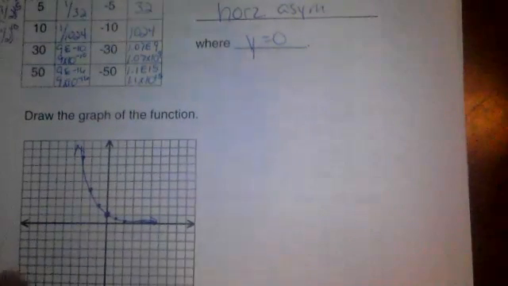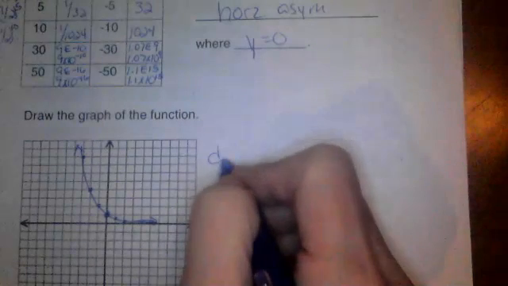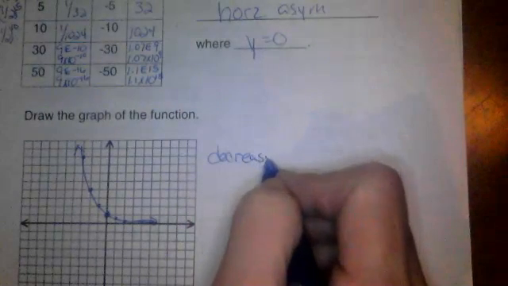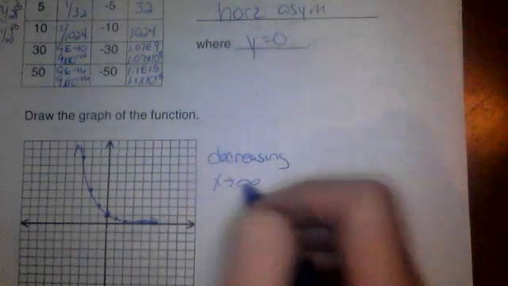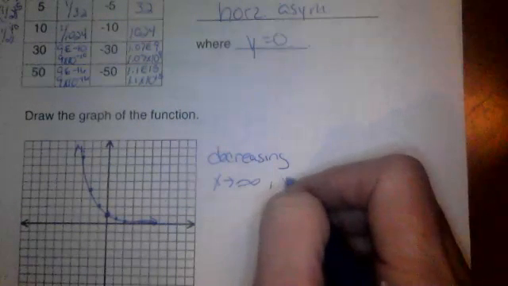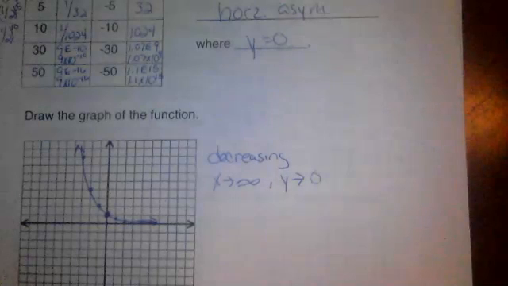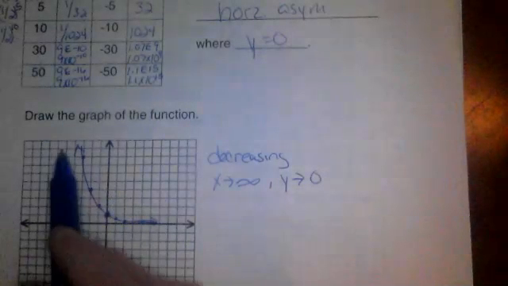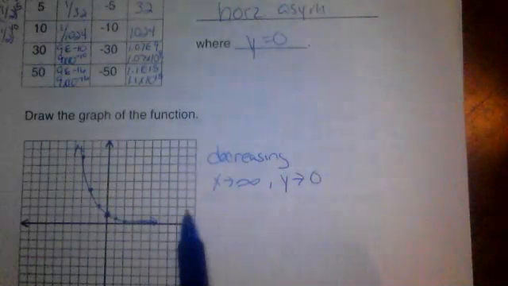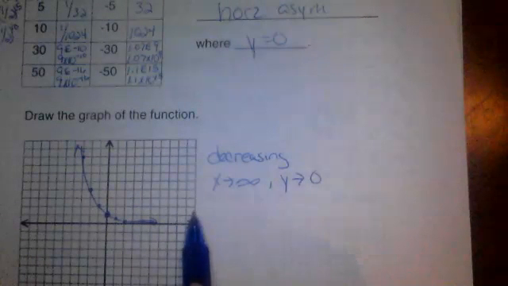So this graph, read from left to right, would be decreasing, because as x gets larger, y is approaching 0. As we go to the right, from left to right, as x gets larger, y approaches 0.